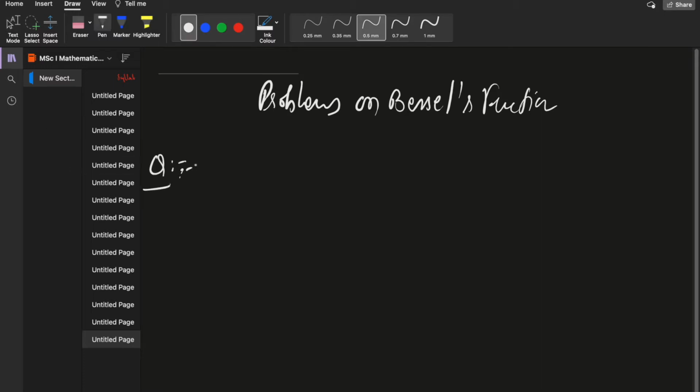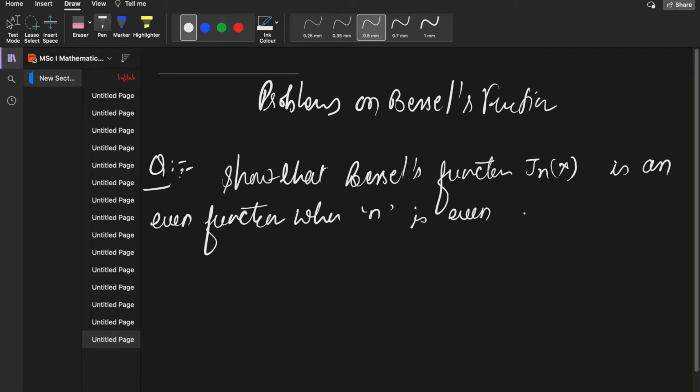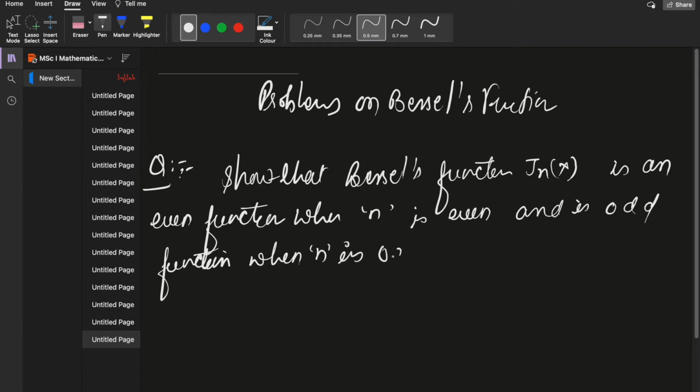So our first question is: show that Bessel's function, which is denoted by Jn(x), is an even function when n is even and is an odd function when n is odd.